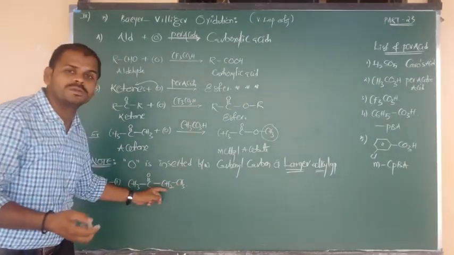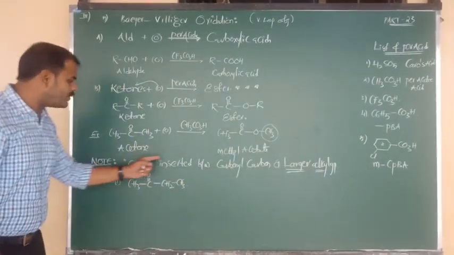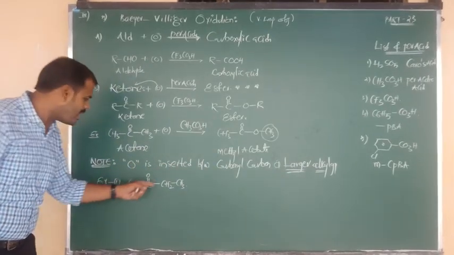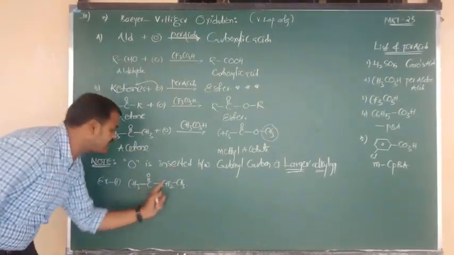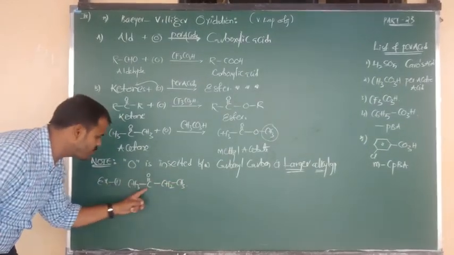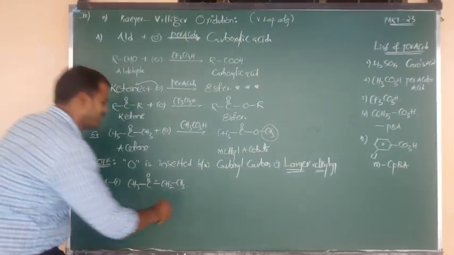The other side is an ethyl group, somewhat larger. I hope you understand. So where do we insert the oxygen? Between the carbonyl carbon and the larger alkyl group. Between these two, at this place, we insert the oxygen. I hope you understand.